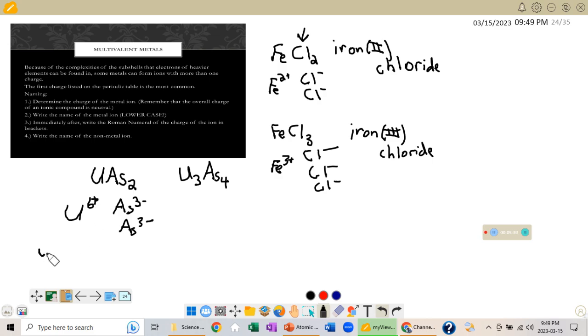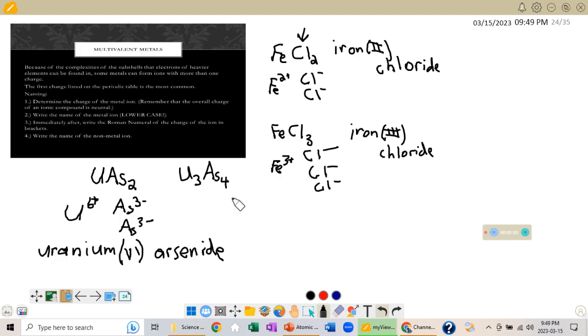And so this becomes uranium, Roman numeral 6, arsenide. Perfect.